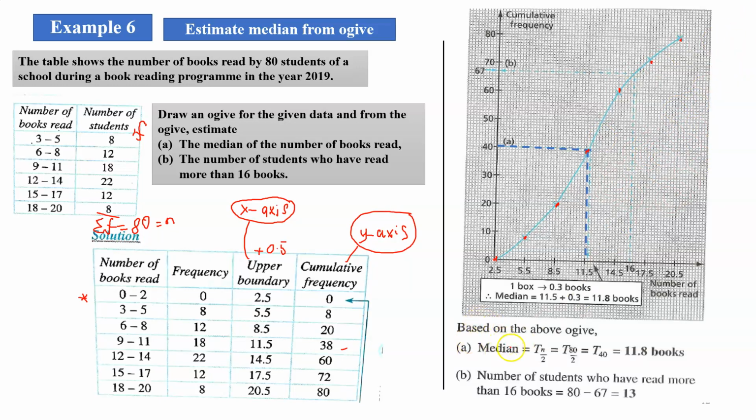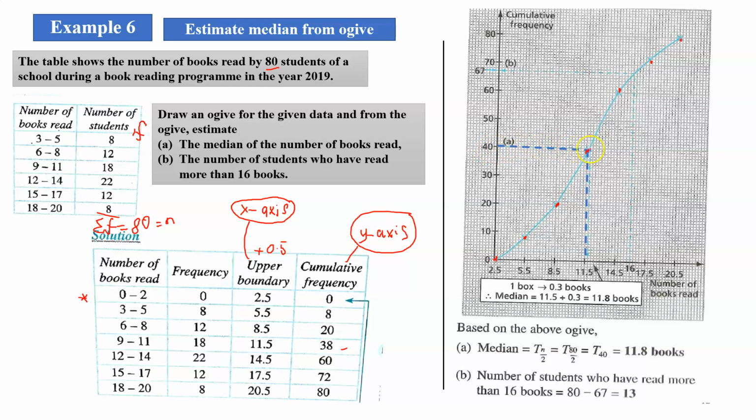Then for the median, how do you find your median? Since your n is 80 kan? So n divide by 2. Kita mau tahu dia di kelas cerapan yang ke berapa? 80 divide by 2. So you tahu dia dalam cerapan ke 40. So cerapan ke 40 kita refer balik dekat sini. You tengok cerapan ke 40 dekat sini.